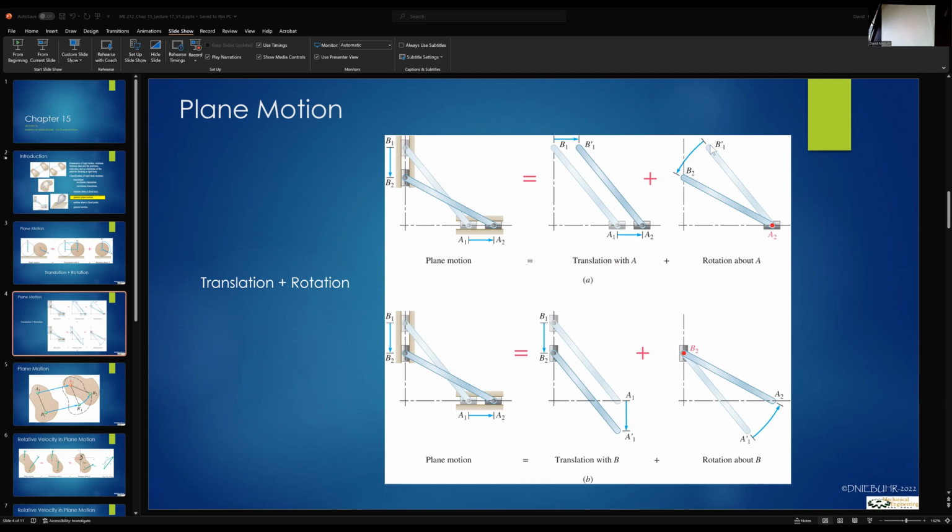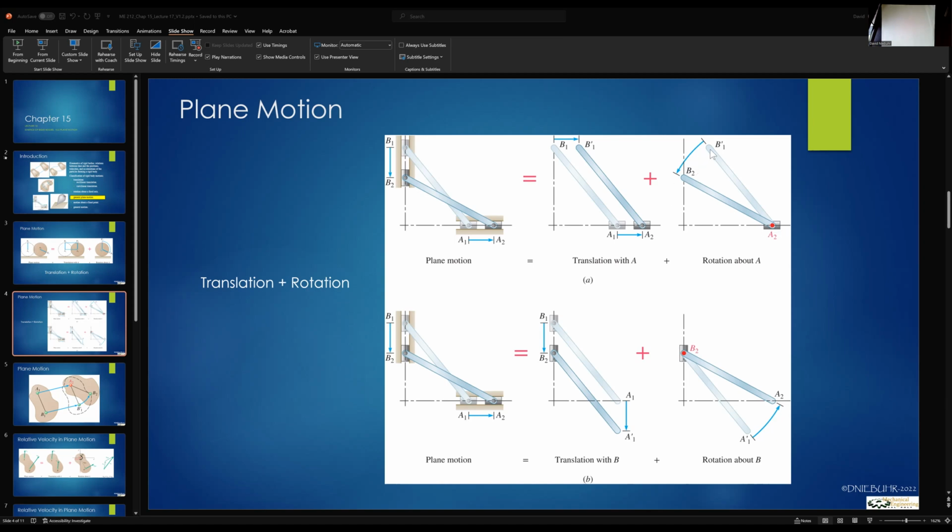In this case, we pick one. We pick A as the translating piece, so A slides from A1 to A2. Then we pick B as our rotating piece, so B goes from B1 to B2, where we say A is our fixed point of rotation.